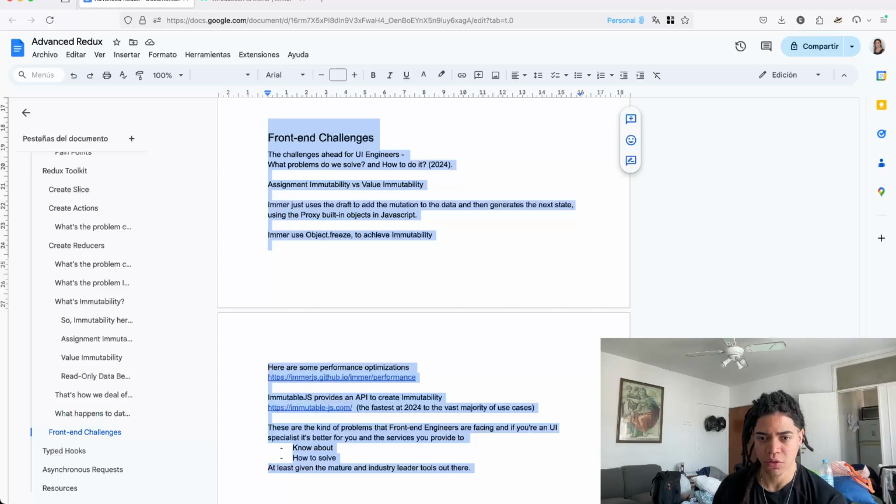Oh, you're going to throw an error because you are mutating. Okay. Updating nested objects.